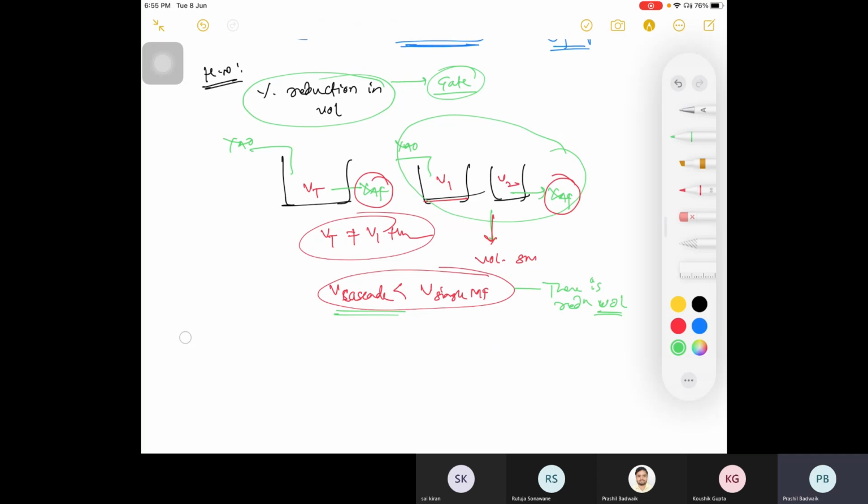In order to have the same conversion at the exit of the reactor, two cases, first is your single MFR and second is your cascade system. Obviously the volume required in the cascade system will be less, so you need to find the percentage reduction in volume. So I'll write here total volume minus twice the volume of individual, divided by volume of individual, right?